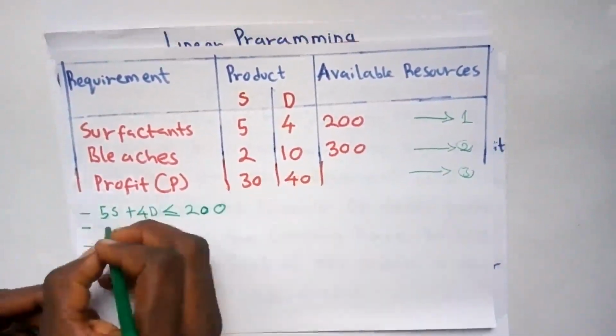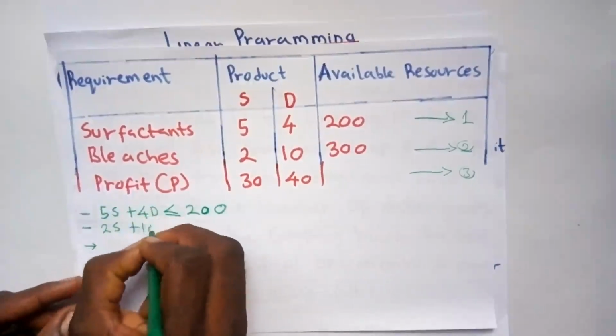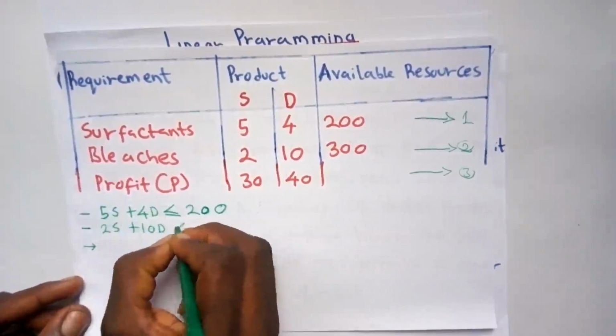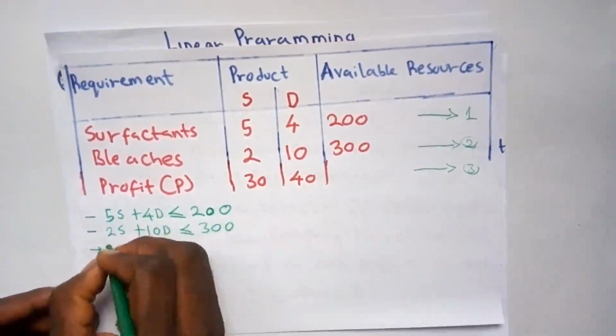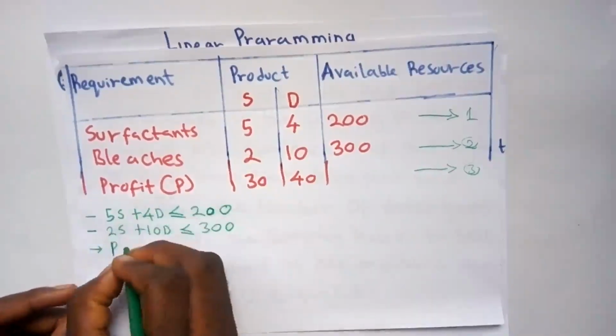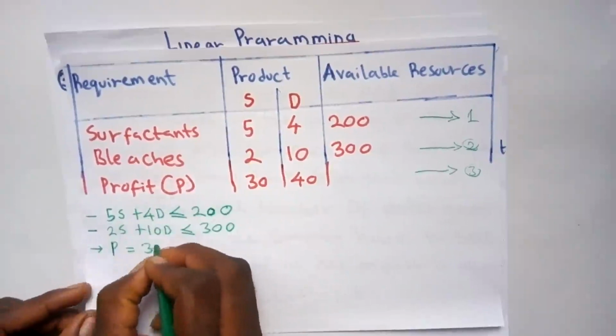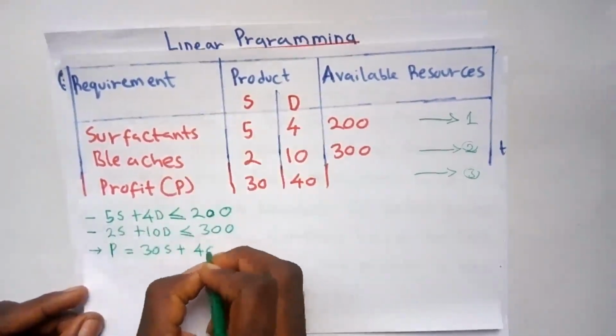Therefore, for the second constraint, 2s plus 10d will be less or equal to 300. And for the profit P, 30s plus 40d.